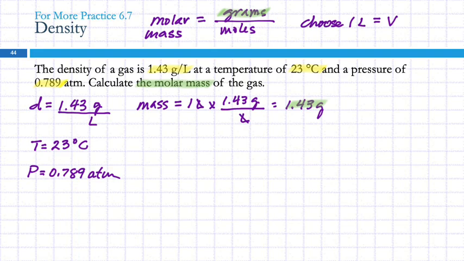The other thing we need is moles. Well, we've got temperature and pressure, and we picked a volume. Volume equals 1 liter. R is R. How can we calculate the number of moles? Ideal gas law.